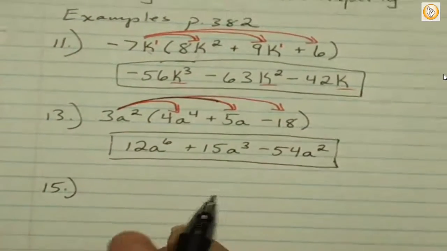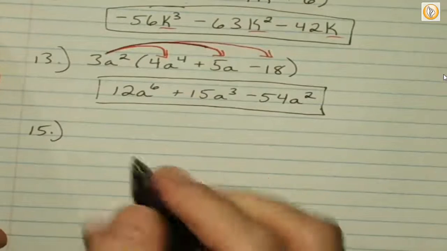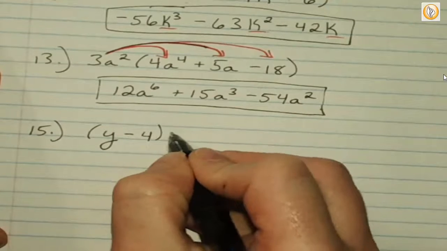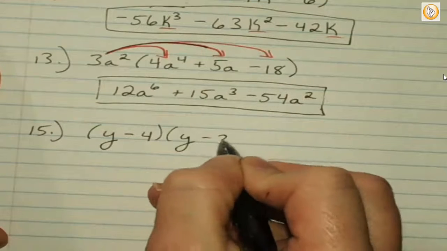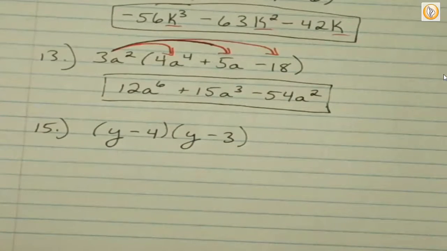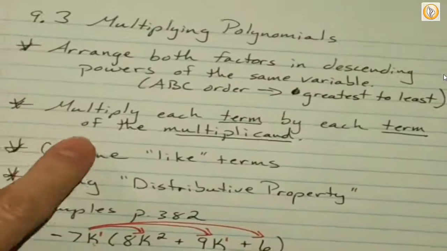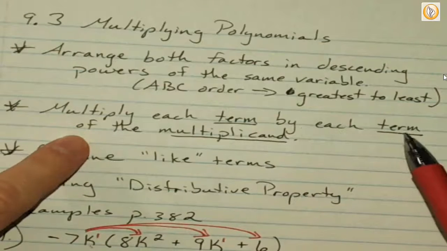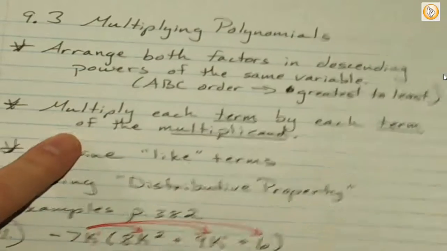15. Okay, this is going to look a little different. Y minus 4 times y minus 3. Okay, so we have to multiply. Again, it says multiply each term by each term of the multiplicand.